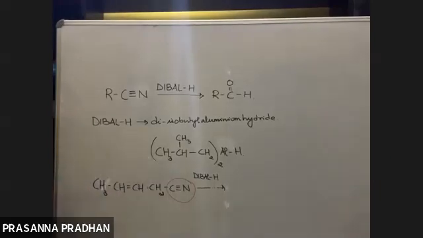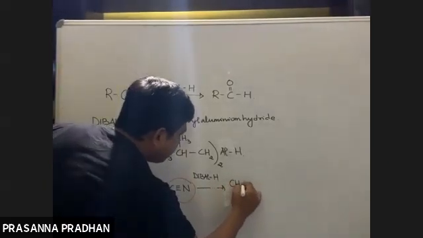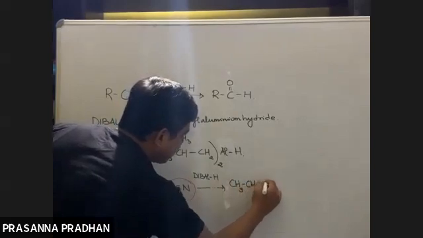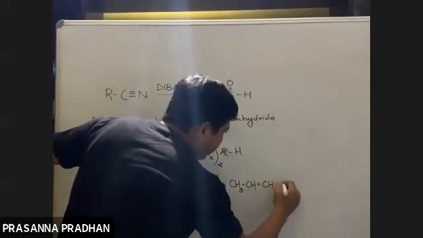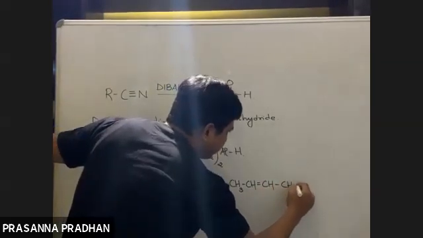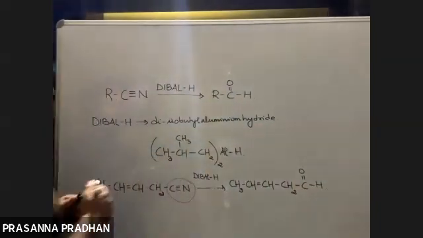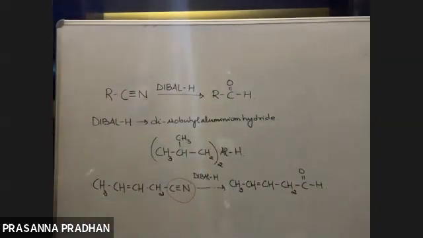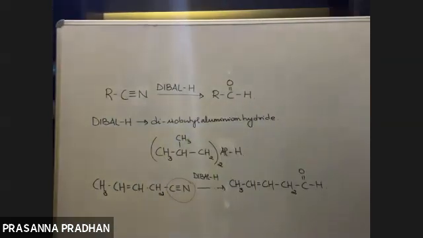However, if I use this diisobutyl aluminium hydride, then what will happen? The double bond will remain intact, as a double bond like this. Only the nitrile group will get converted to the CHO group. So, in compounds where the double bond should not be reduced, if you use an ordinary reducing agent, the double bond will also be reduced.